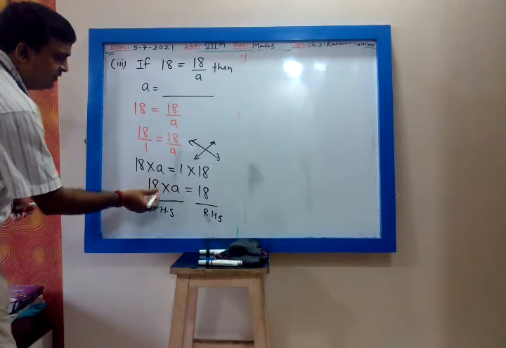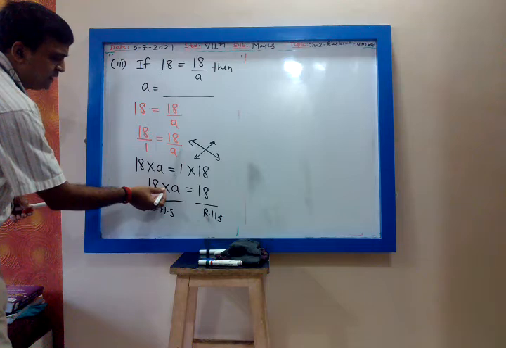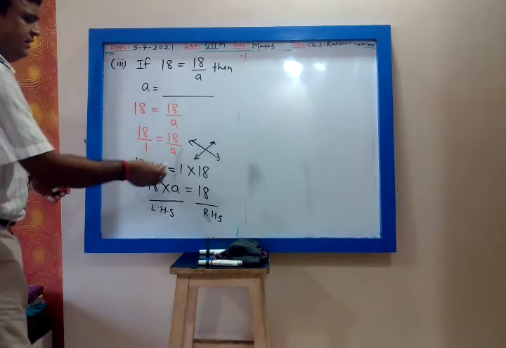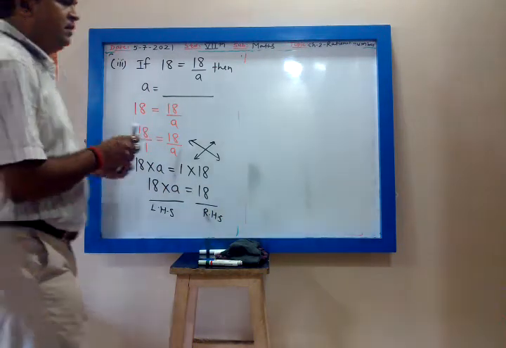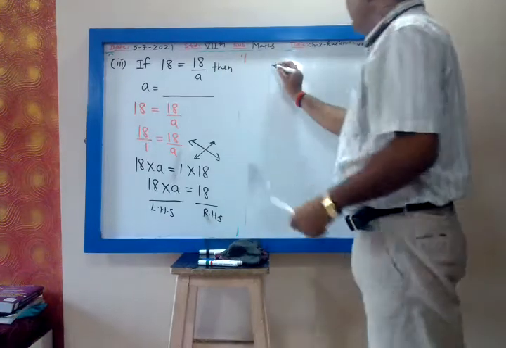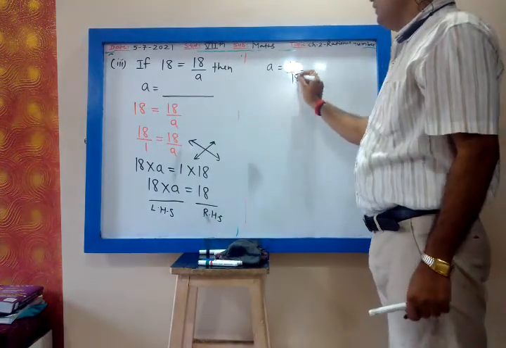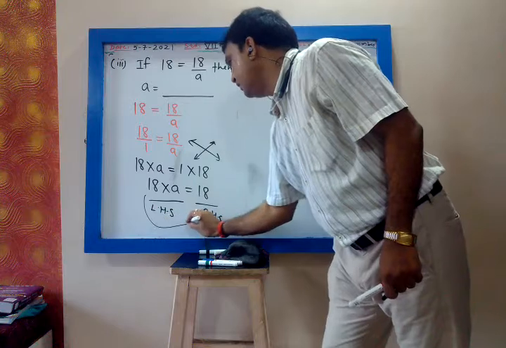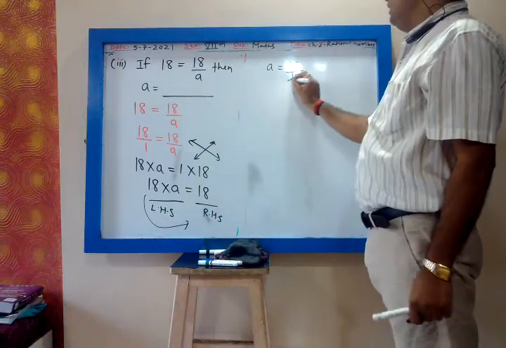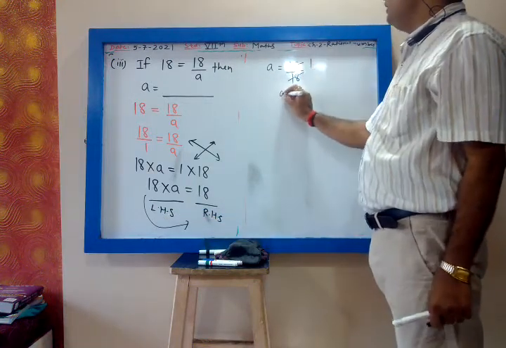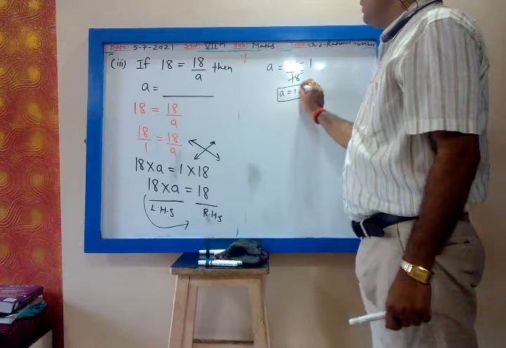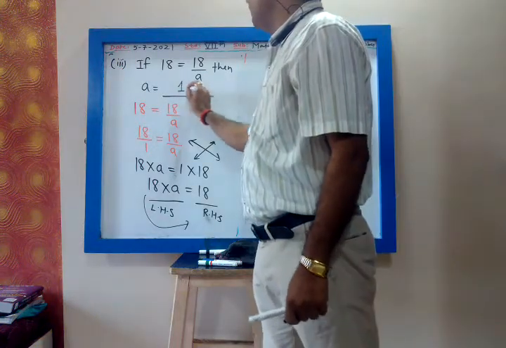On the LHS, with multiplication, so 18 will go to division. So a is equal to 18 divided by 18. 18 and 18 cancel, so a is equal to 1. The answer is a is equal to 1.